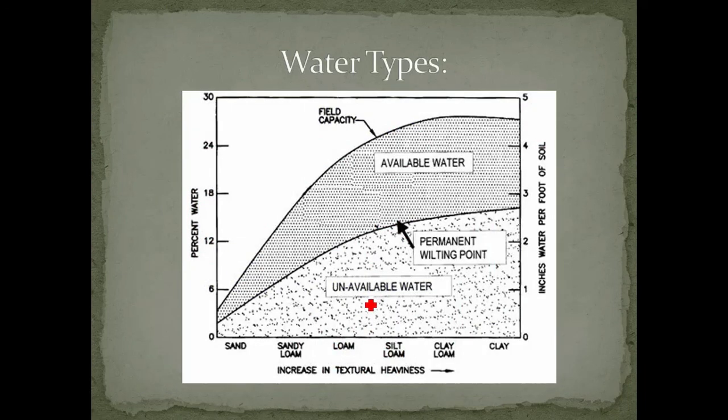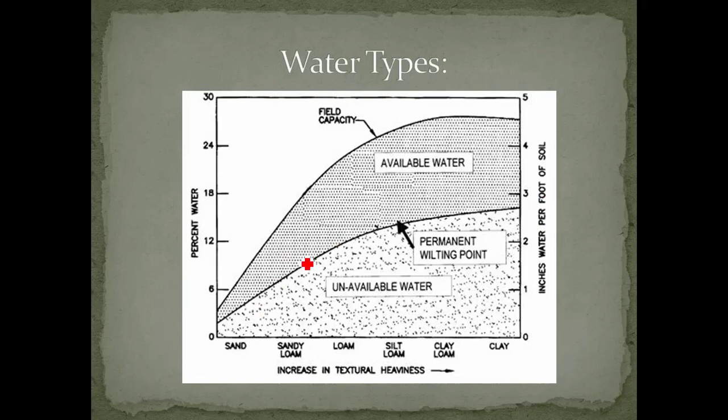Here's a graph from your textbook. As you move from a sand to a clay, the percent water, different types of water, either your unavailable water or your available water, changes dramatically. What happens is, and this is the amount of water here, or the percentage of water.